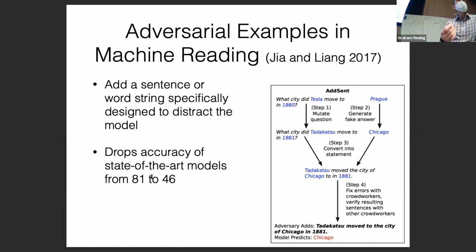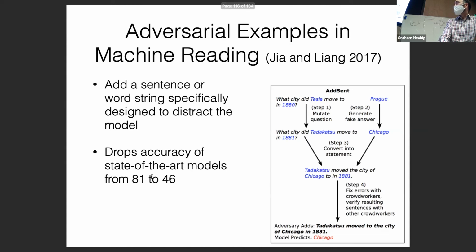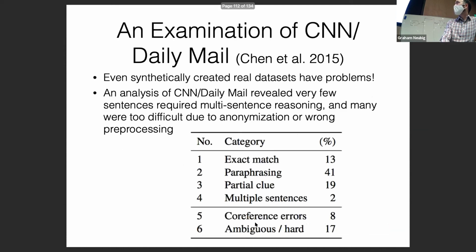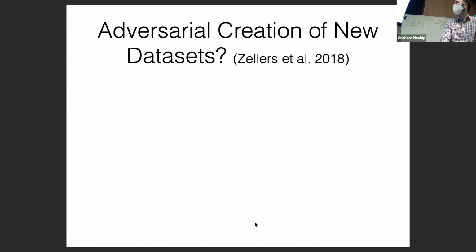And this just demonstrates that the models had a very strong bias towards looking up the entity type that they were looking for and picking the last one that appeared in the passage or something, without doing any of the others. So I think this demonstrates that models can be fragile. It also demonstrates that we need to be a bit careful of data sets, especially if they were created programmatically or with some programmatic components.